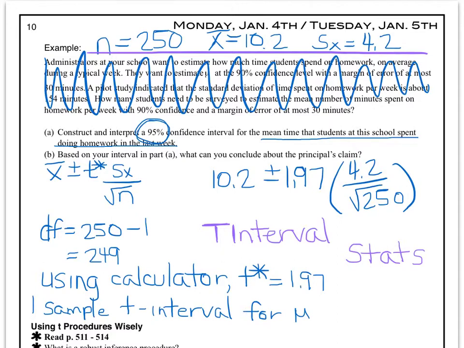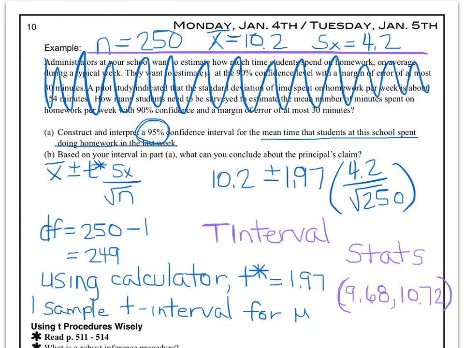And I get an interval from 9.68 to 10.72. And you can write it just like this. This is called interval notation. So then what I want to make sure that I do is I want to interpret it.